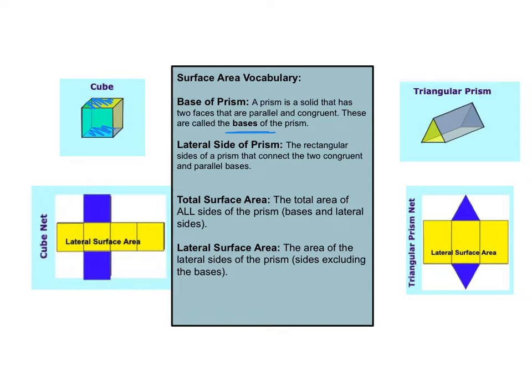In a triangular prism, your base is a triangle. And in this triangular prism, it's easy to see that the triangles are congruent and they're also parallel. These bases are connected by what's called the lateral sides. The lateral sides are the rectangular sides of a prism that connect the two congruent and parallel bases.